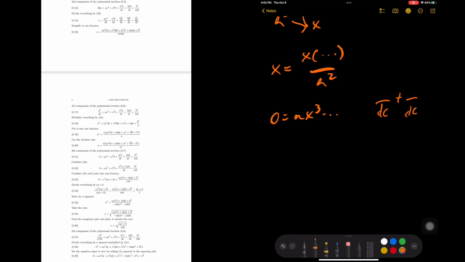And then after that, we can divide everything by ax plus b, which gives us x squared is equal to x times a squared x plus 2ab. And I'll actually write this one out in its entirety. b squared over negative a dc x squared minus x dcb.